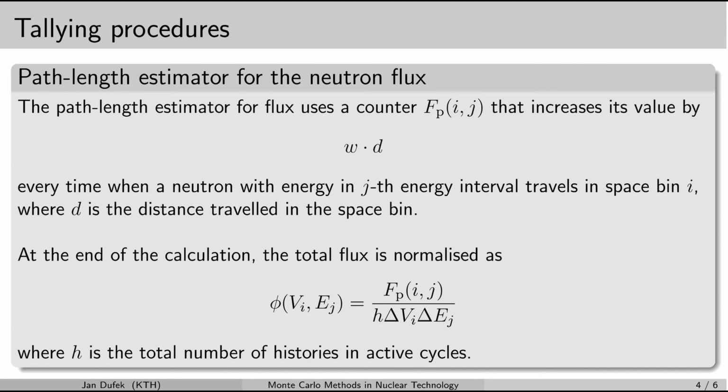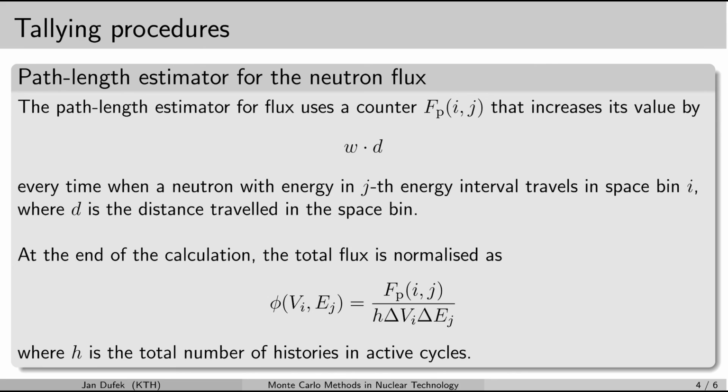Now once the neutron collides, the spatial bin and the energy bin need to be found, and the appropriate counter is increased by this number. So this is a product of the statistical weight of the neutron, and then we have a distance that the neutron travels within the space bin.